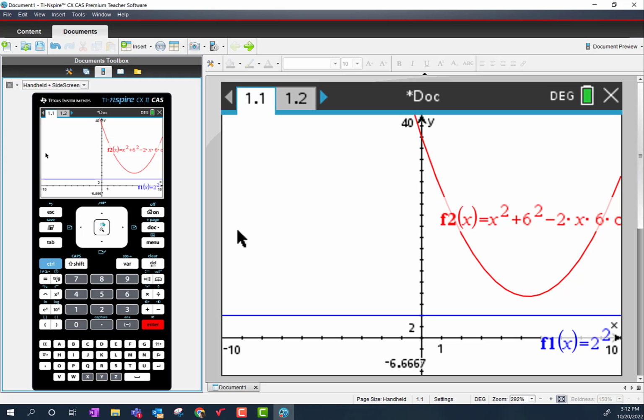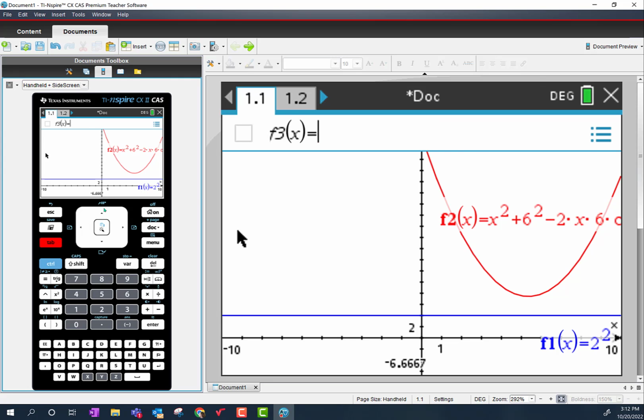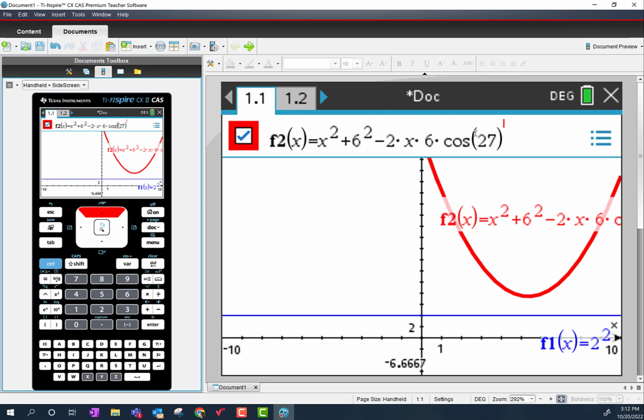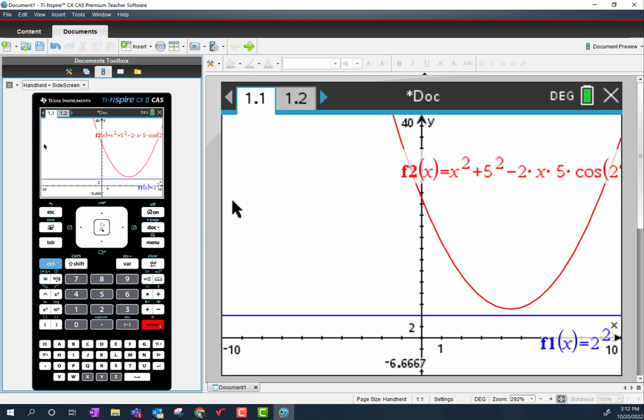Okay, so now let's tab back up. Let's go change this. So that 6 is supposed to be a 5. Okay, is that right? Yes, enter.